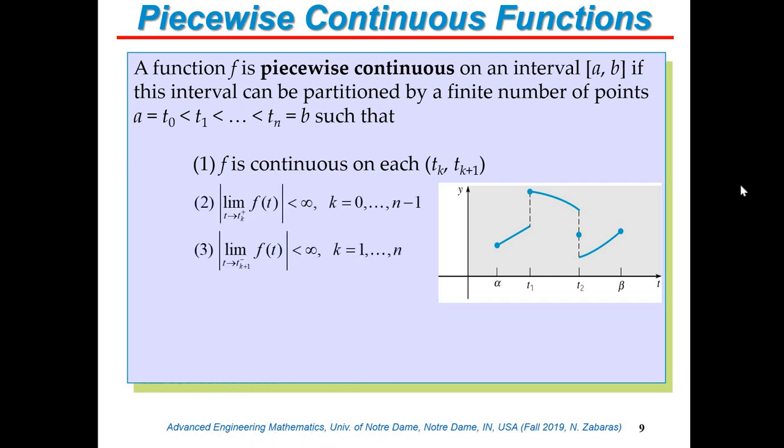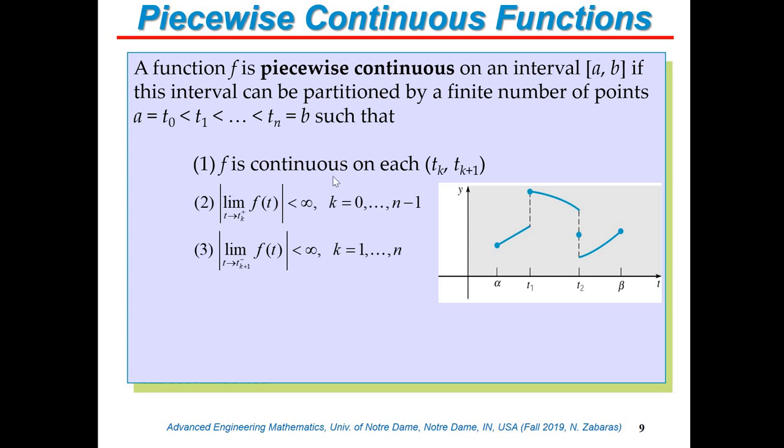When we look at this particular function from T1 to T2, notice that as we approach T1 from inside this interval, at T1 plus, the value of the function is finite. Similarly, as we approach T2 from inside, at T2 minus, the value of the function is also finite.